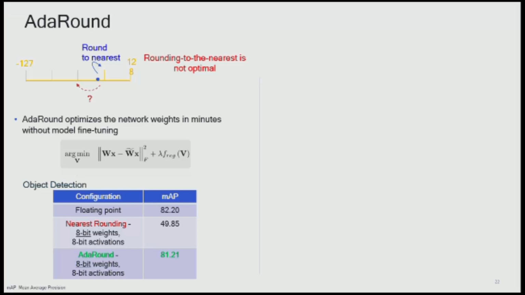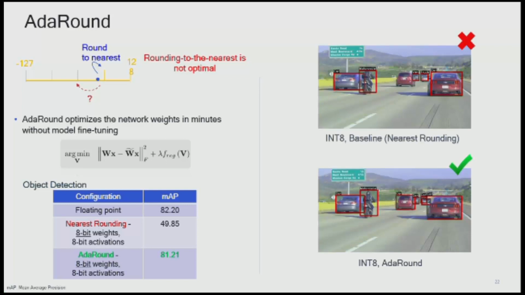Instead of rounding to nearest, we can round it to the other side of the bin, and if that can provide you a better result, at the end we still preserve the quantization. So here we show that by using AdaRound, we can have a much better quantization result, which is really close to the floating point result. It's only a 1% mAP drop, and therefore, in real-world situations, it can provide you a much more accurate object detection result.